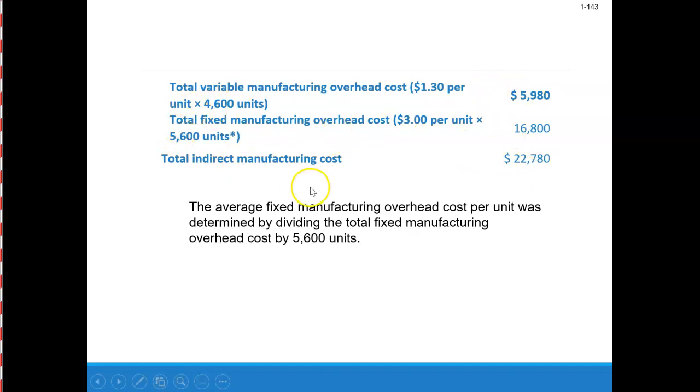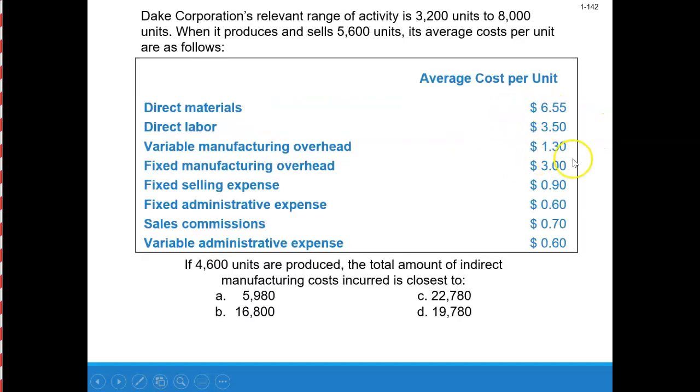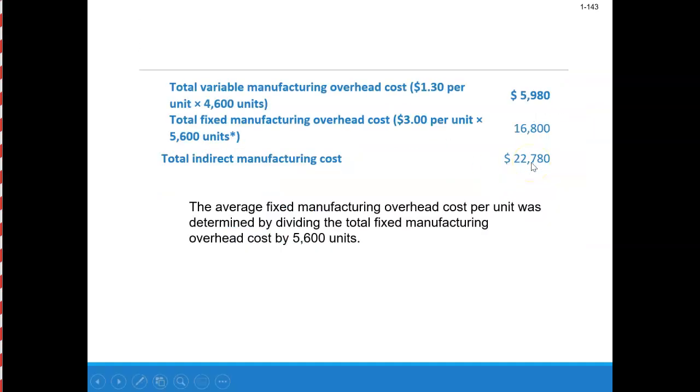So in this example, our total indirect manufacturing is the $1.30 times 4,600 units, and then all the fixed manufacturing overhead, 16,800. Because again, this figure of $3 is based on fixed manufacturing of 5,600. So we got to take that whole amount. Does that make sense, guys?